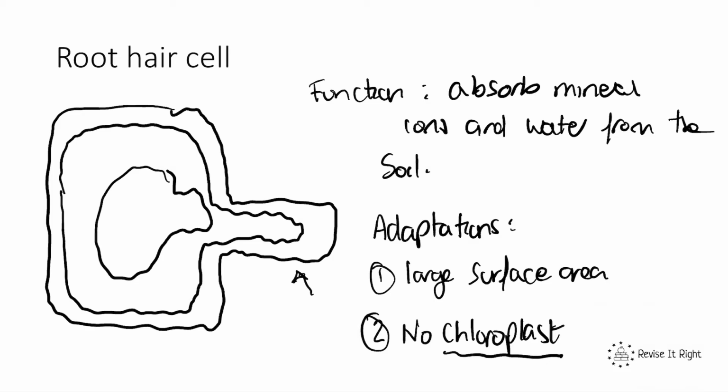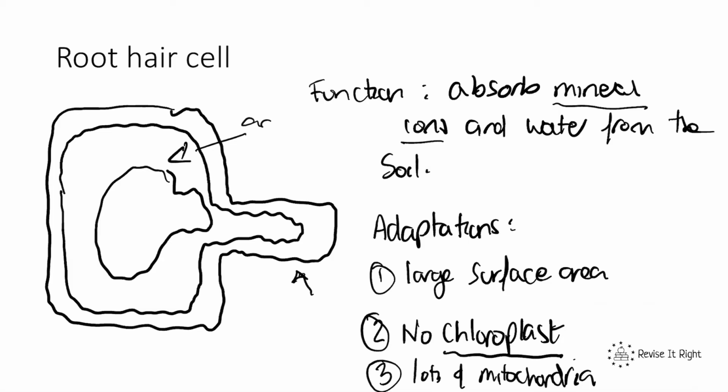And number 3, it contains lots of mitochondria. Again, mitochondria is where aerobic respiration takes place to provide energy. We move mineral ions into the root hair cell by something called active transport. Now, don't worry if you don't remember what this is, as we will look into this in a future video.